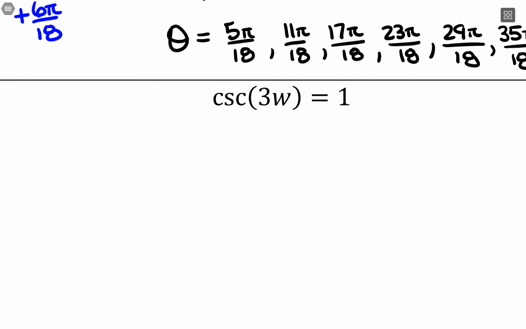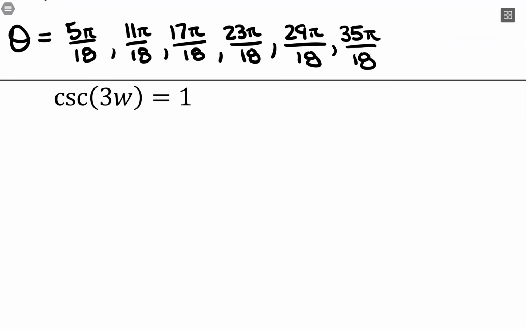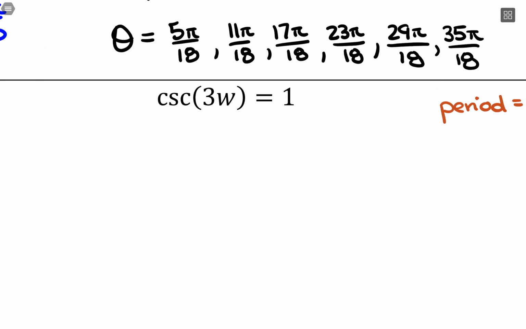Let's see, for period, with cosecant, the period's 2 pi over b, which is 3. So we're working with a 2 pi over 3. I'm going to need to use an identity here because I don't know what the inverse of cosecant does. So I'm going to think of this as 1 over sine of 3w equals 1.